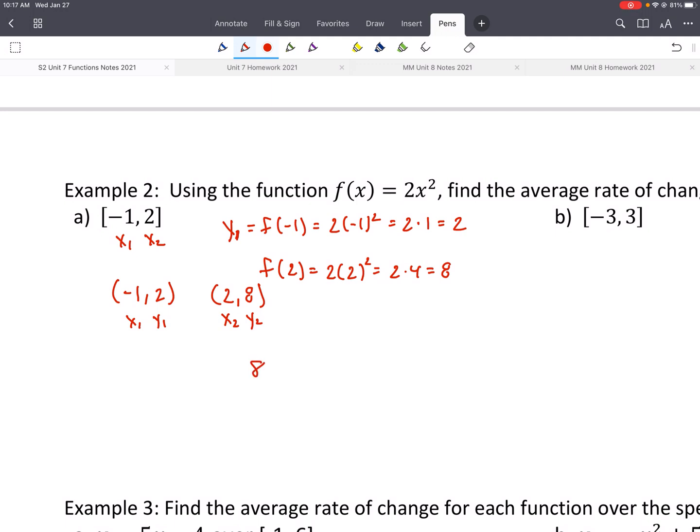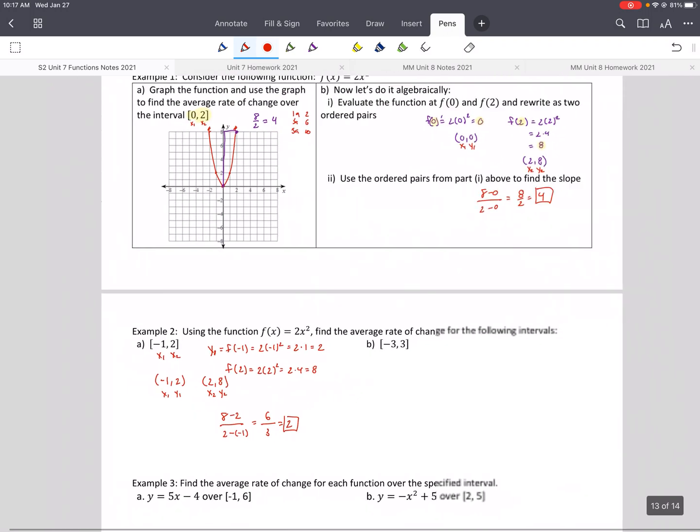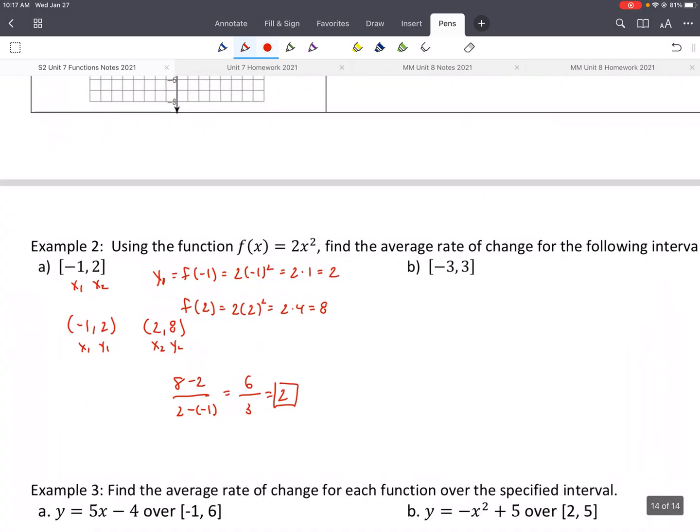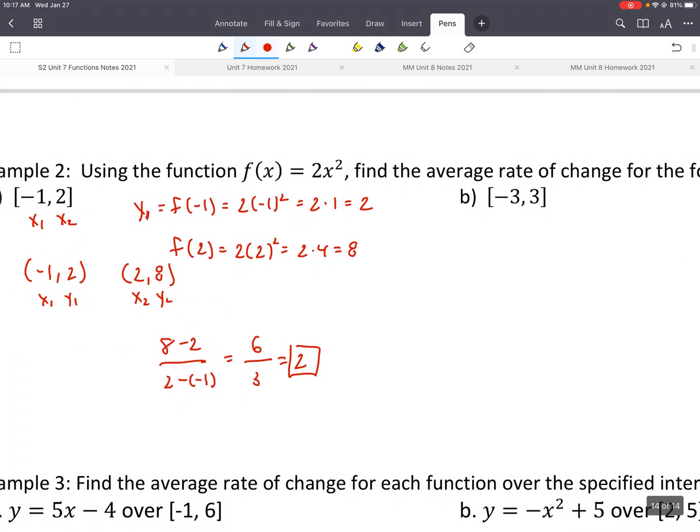So that would be 8 minus 2 over 2 minus a -1, which is 6 over 3, or 2. So as you see here, again, we have a different slope than we did for the one above. Here it was 4. Now the average rate of change is 2. And since it doesn't have a constant rate of change, the slope will always change depending on what your interval is.